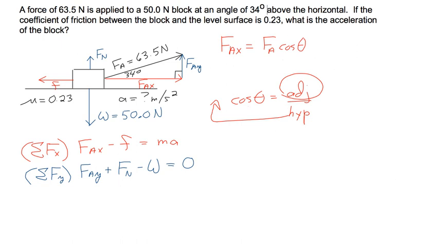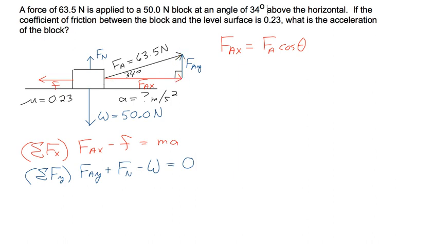You've got a 50-50 chance of being right, but another thing that you can use to help you check your work is the picture itself. Because look at my picture. This arrow is bigger than that arrow. If I mix up cosine and sine, let's say that should have been sine, then this will not be bigger than that. So I know that because the first two things I'm going to solve for are FAX and FAY, this one better be bigger than that one.